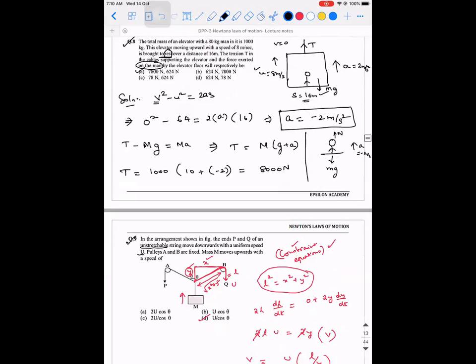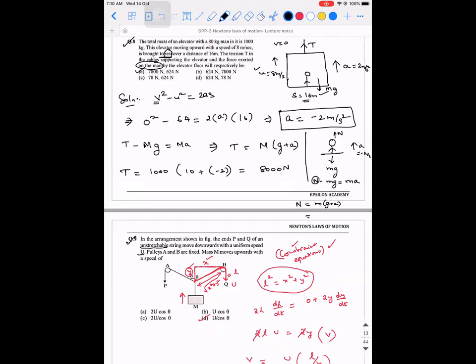Now tell me. N minus mg, can I write it as m into a? Right. So the force exerted by the elevator on the man is only one, that is normal. So N will be equal to m into (g plus a).